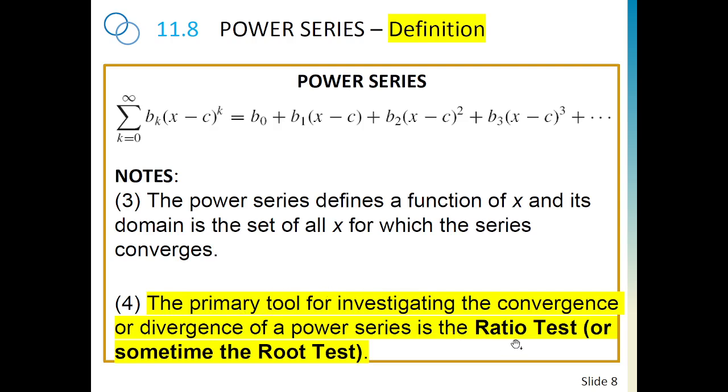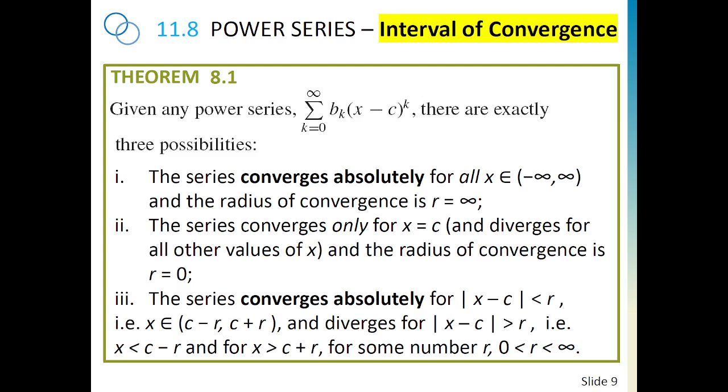That will be the test that we will use almost all the time. For all of our power series, we will mainly use the ratio test. And once we use the ratio test, we know that we will have an interval of absolute convergence of the series, because with the ratio test, when we have convergence, it's going to be absolute convergence. So this will be a very interesting application of the ratio test.